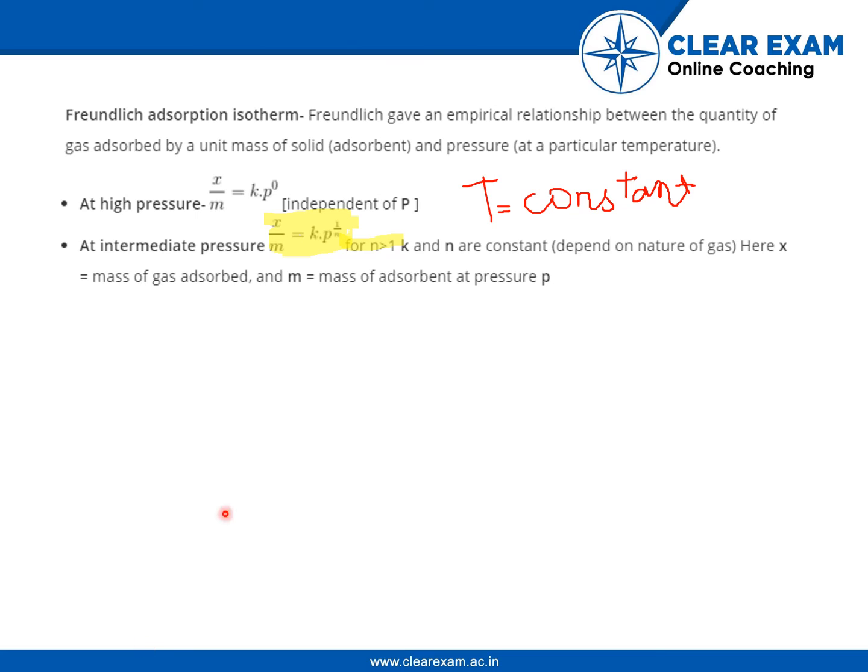As you can see, x by m is equal to k p power 1 by n, where n is greater than 1. x is the mass of the gas adsorbed, m is the mass of the adsorbent, k is some constant, and p is the pressure, depending on the nature of the gas. Here x is the mass of the gas adsorbed, m is the mass of the adsorbent at pressure p.